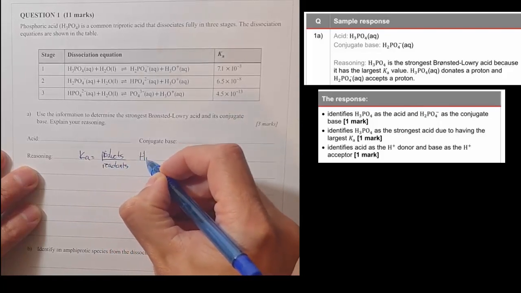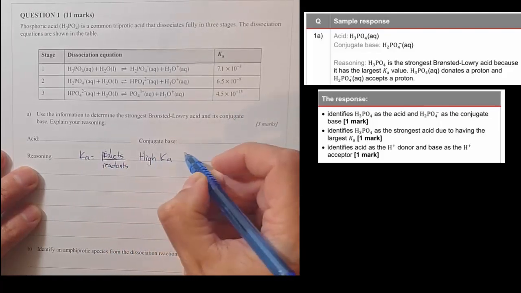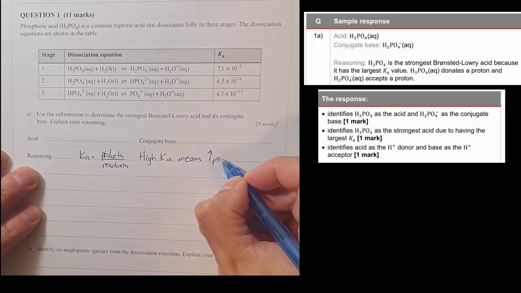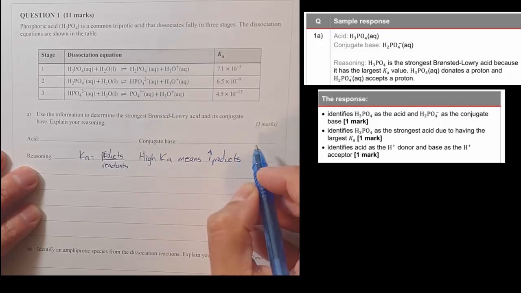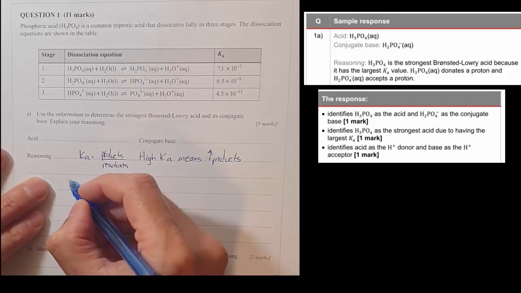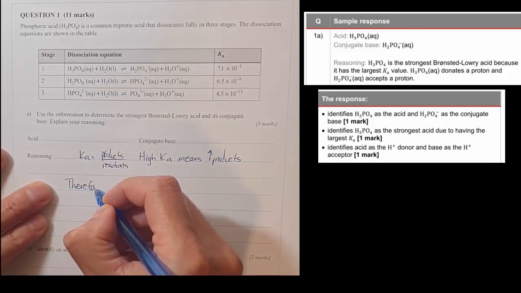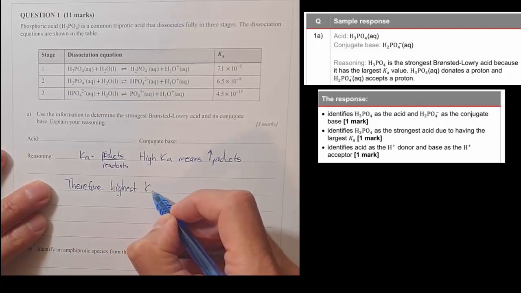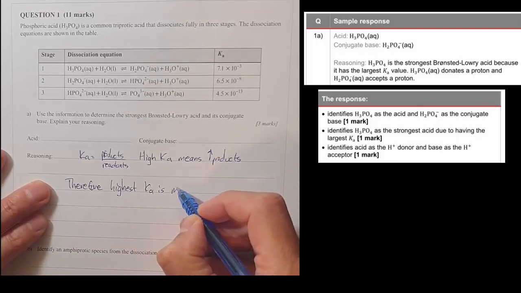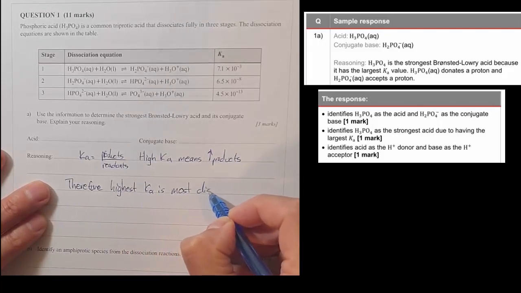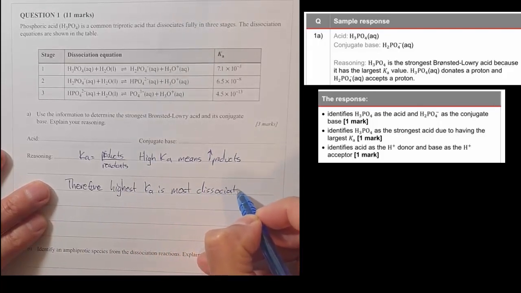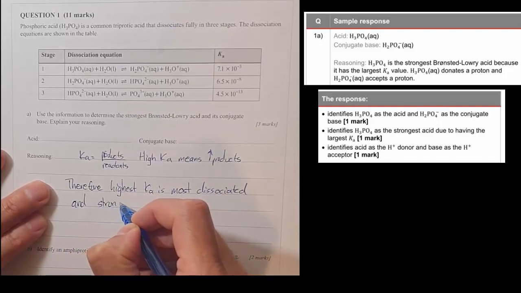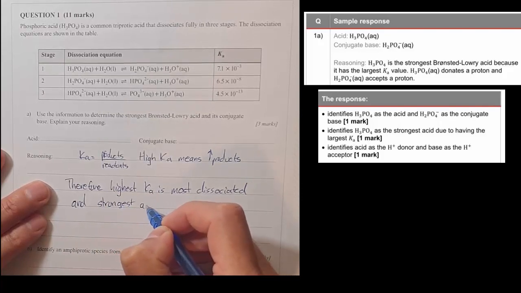So high Ka means high products. Therefore, highest Ka is most dissociated and strongest acid.